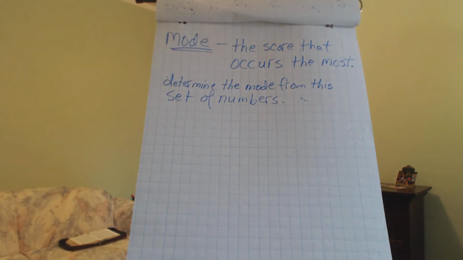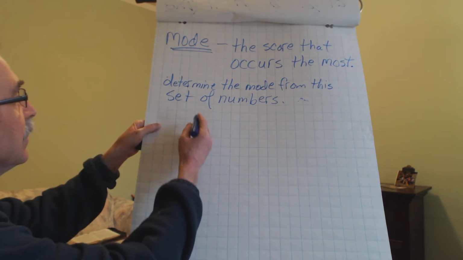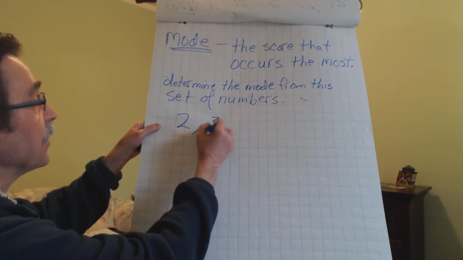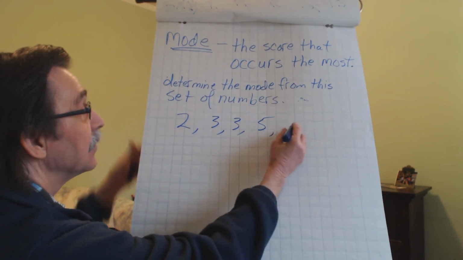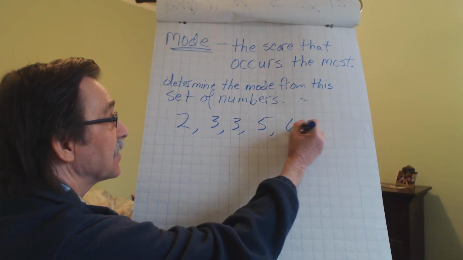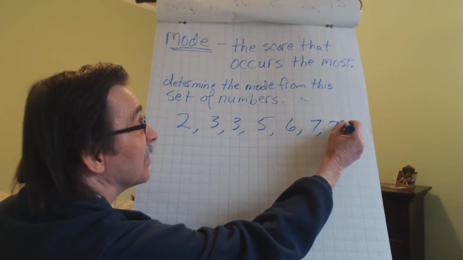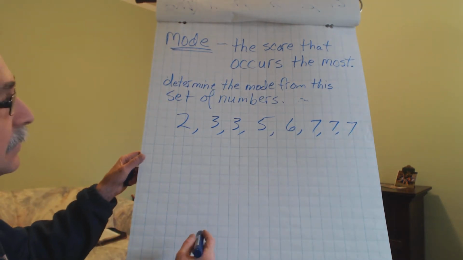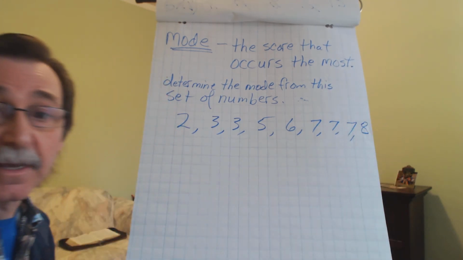Okay, I didn't prepare this beforehand, so I'll just slap down a bunch of numbers, okay? 2, 3, 5, 6, 7, 7, and let me see, one more, 8. We'll stick an 8 on the end there.